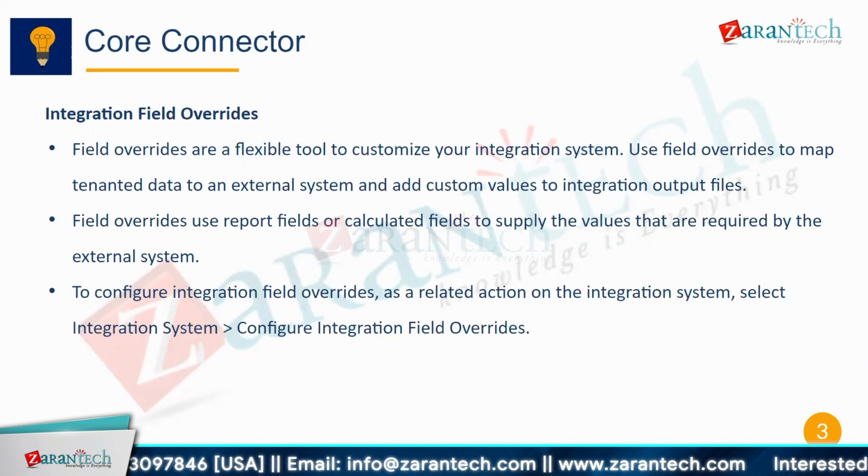So, integration field overrides. The field overrides are a flexible tool to customize your integration systems. We use field overrides to map tenanted data to an external system and add custom values to the integration output files. So let's have a look at that.